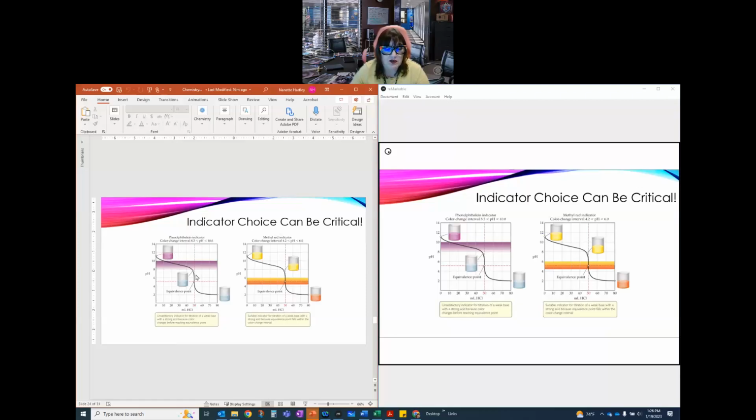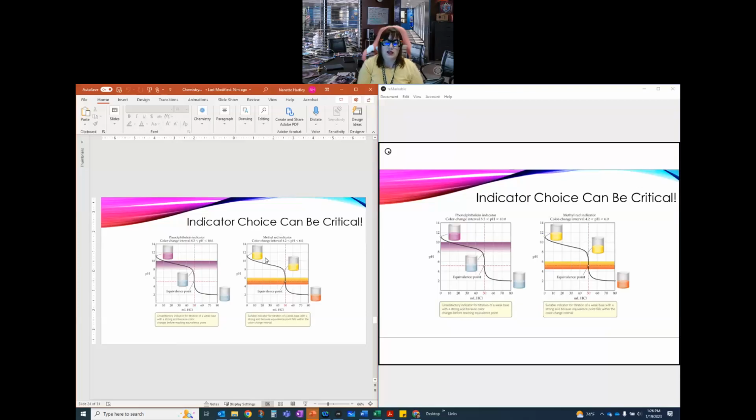If we want an equivalence point that's below 8, that might work. But if we're looking for something that has an equivalence point in the range of 5, that's not a good choice. So we want to find something that is at a pH above what we're talking about, or below, depending on which direction we're going, but is as close to it as we can get.